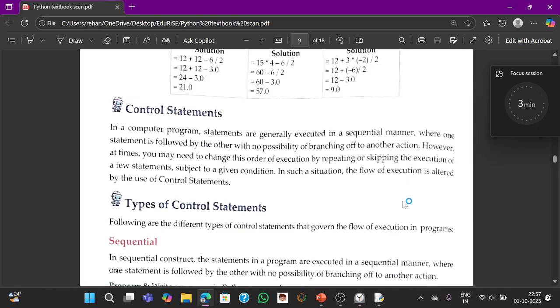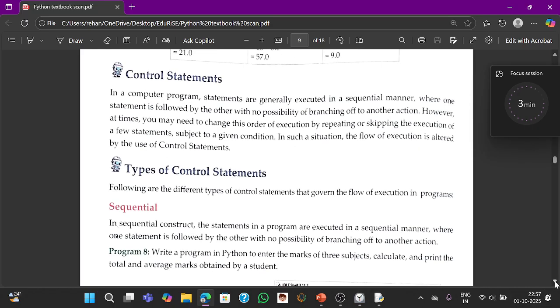It can be one after the other, the statement execution taking place, or it can be in the form of branching. Branching means going from one statement to another statement somewhere in the program. We'll understand it as we go on. As of now, just by reading the statements, you will not understand.